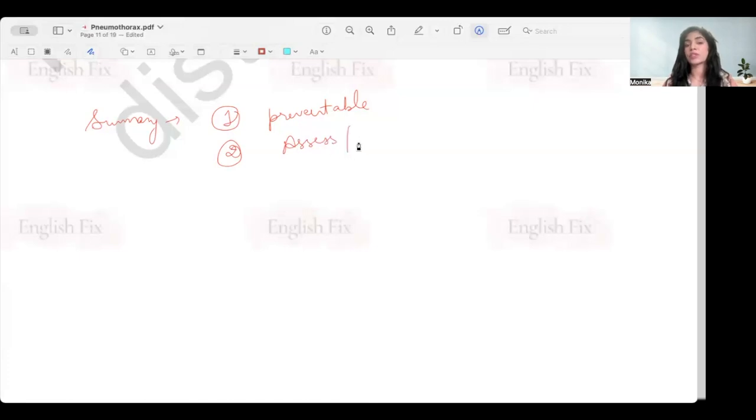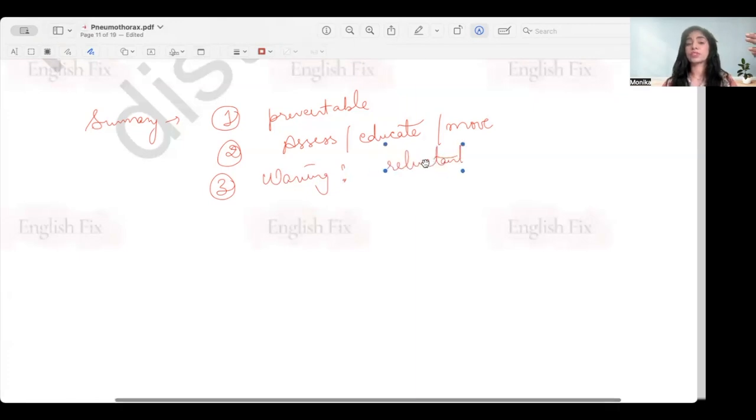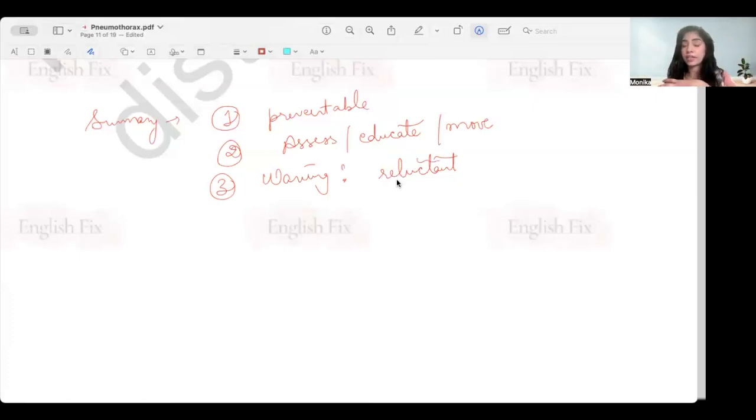The second thing they want me to do is educate the patients, and also move them where it is necessary. First, they want the patients to do that. And then they are warning me, be aware that patients will be reluctant to do this. They can have multiple reasons. They could be worried about the pain. They could be worried about other things as well. I don't care about the details, but there are various factors which are very natural, which might create this reluctance.